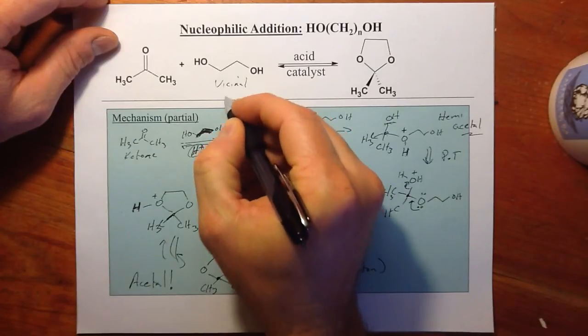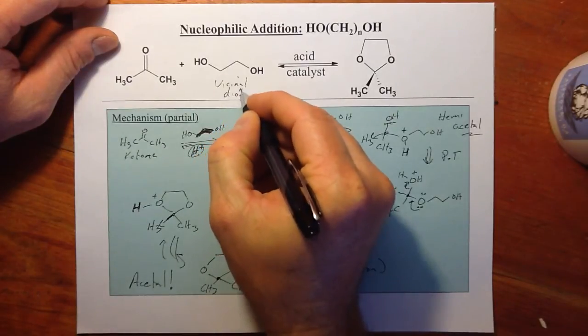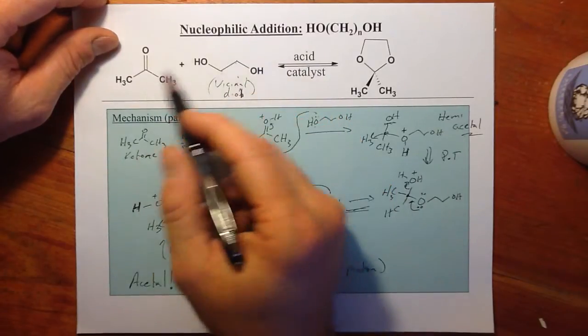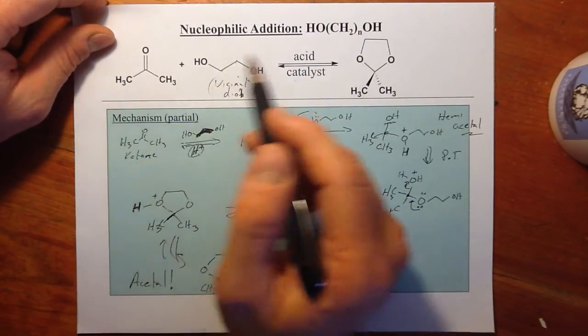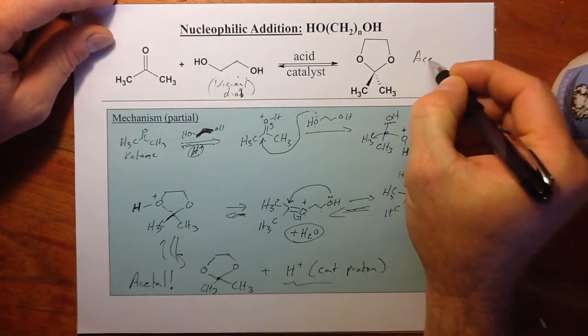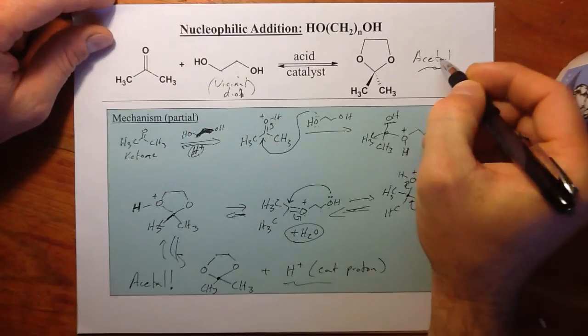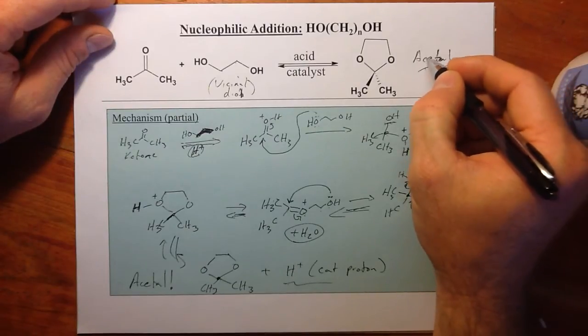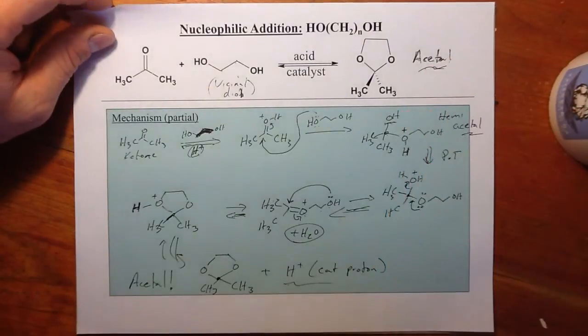This is a vicinal diol, meaning the OH groups are off of adjoining carbons. How we can make from a vicinal diol and a ketone or an aldehyde with a little bit of acid sprinkled in, we can make acetals. You may want to go through that mechanism. It's a very common reaction in organic chemistry courses, and it's one that you should know.